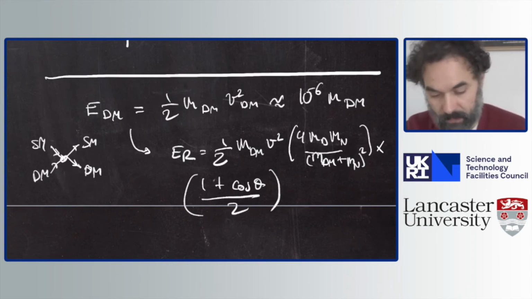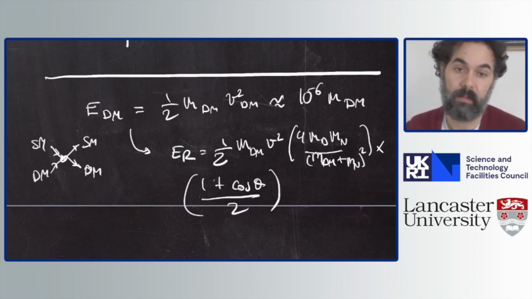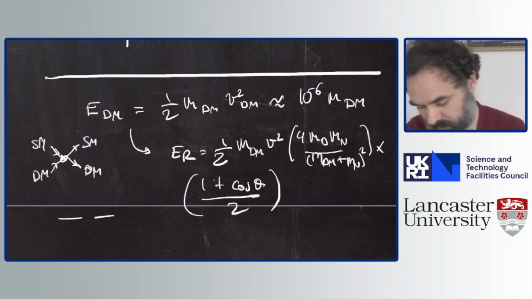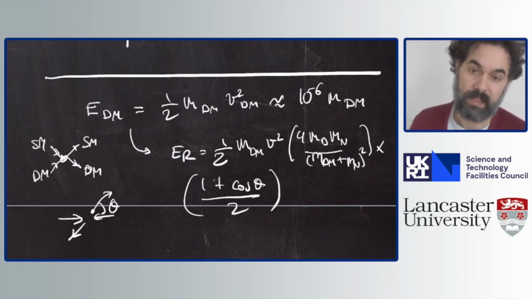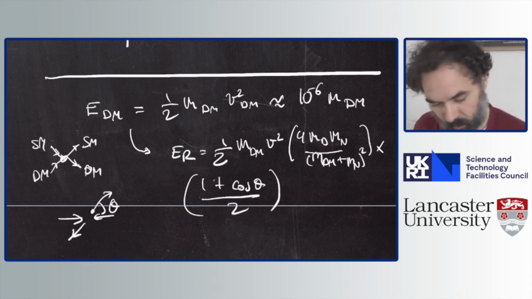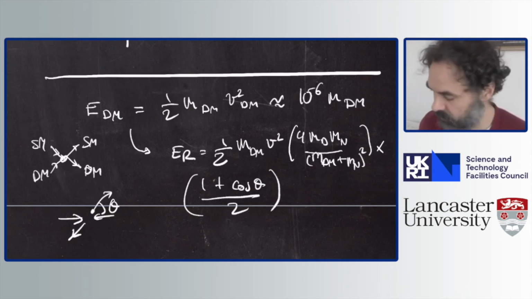All right, and we see that the maximum energy that you can get, where cos theta is of course the angle after scattering, happens when 1 plus cos theta is maximum.